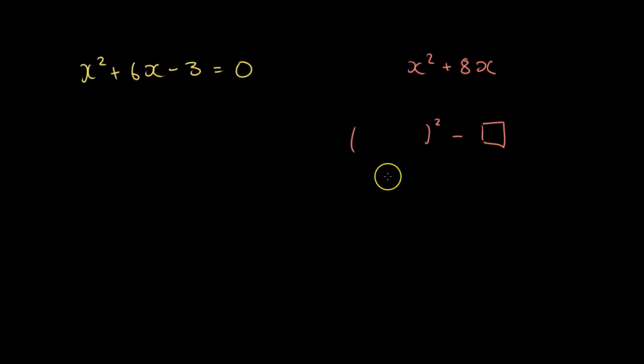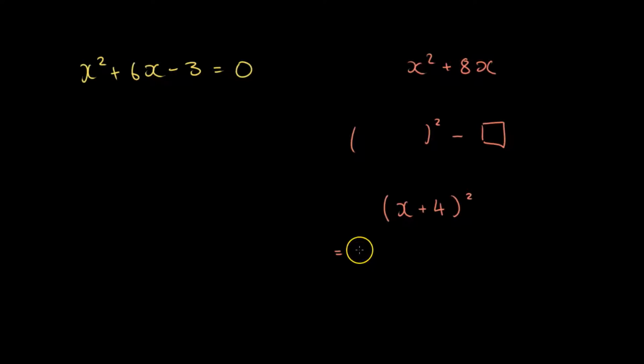Well, I'm going to write down what I think should be in the brackets. What I would put in the brackets is x plus 4. So if I expand this bracket out here, I should get a quadratic expression. And it's not going to be quite the same as what I would like, this top line here.